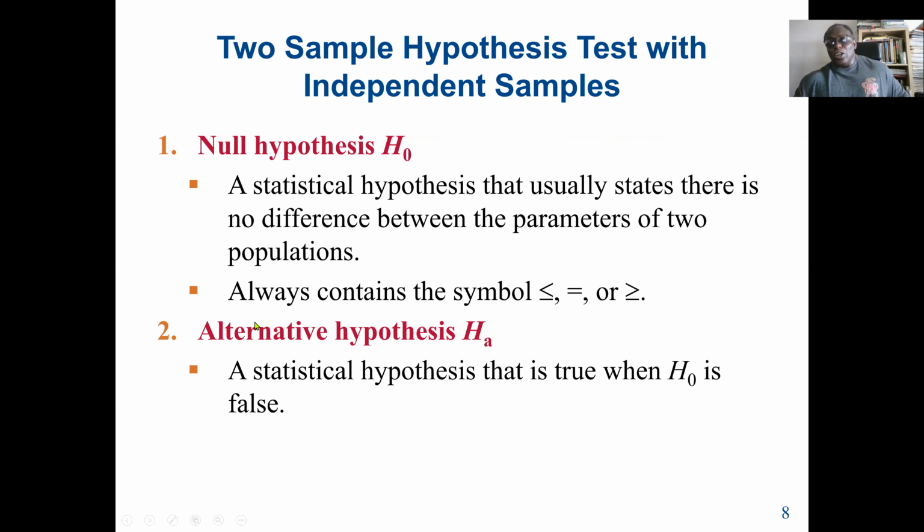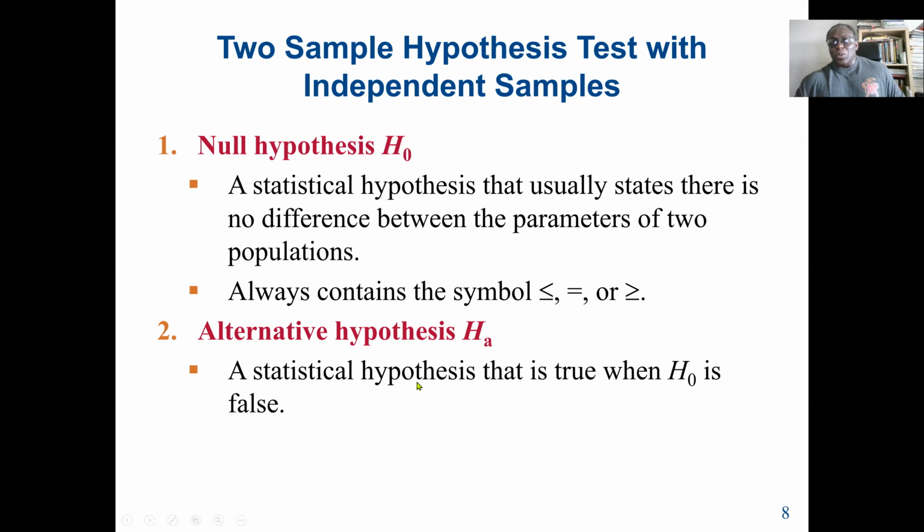Then we have our alternative hypothesis, HA. This will be the statistical hypothesis that is true when H0 is false. Again, remember here we are doing 2 sample hypothesis tests, so we have 2 different populations.